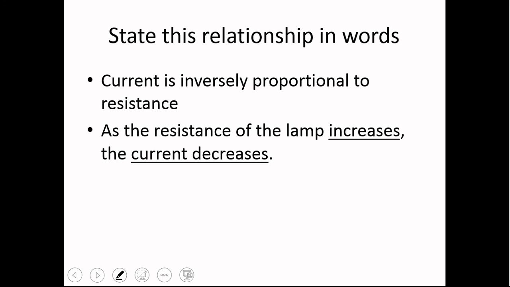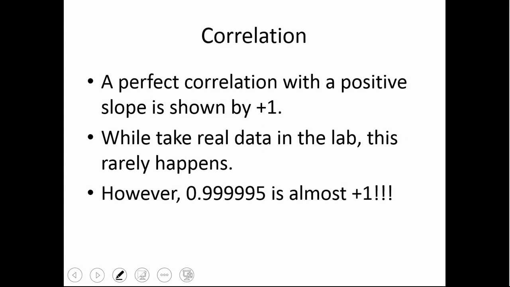In words, current is inversely proportional to resistance. So as the resistance of the lamp increases, the current decreases. And again, a perfect correlation is shown by either +1 or -1 if it's a negative linear relationship.